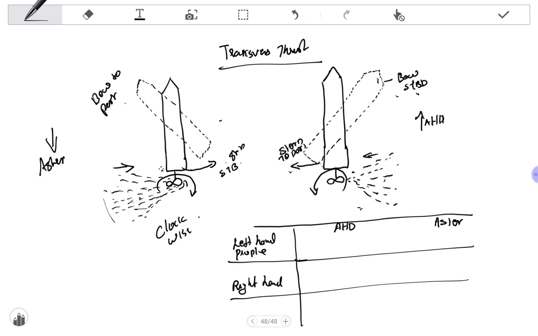In a left-handed propeller, for astern movement, the propeller will rotate in clockwise direction. Water discharge will be like this, and the stern will go to starboard. Bow will be going to port.